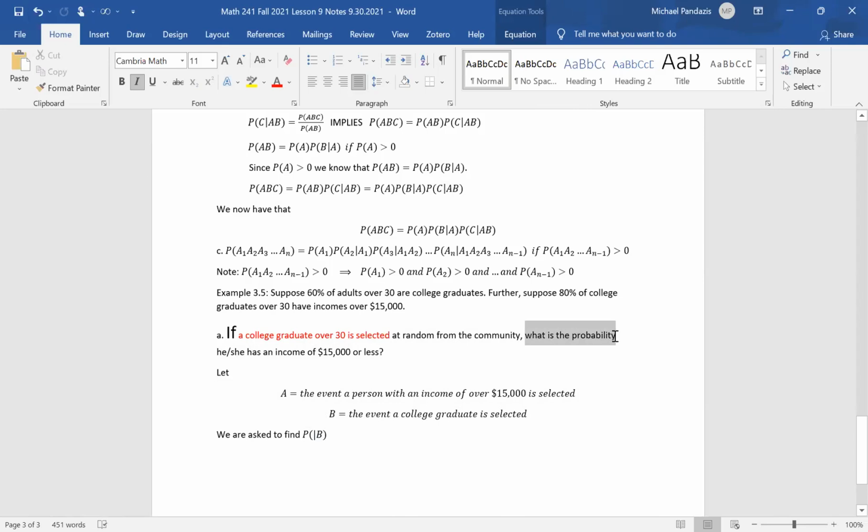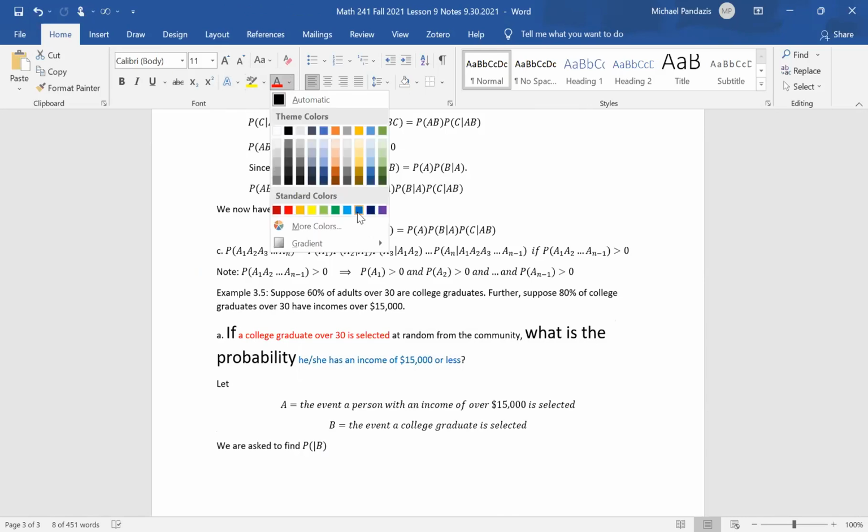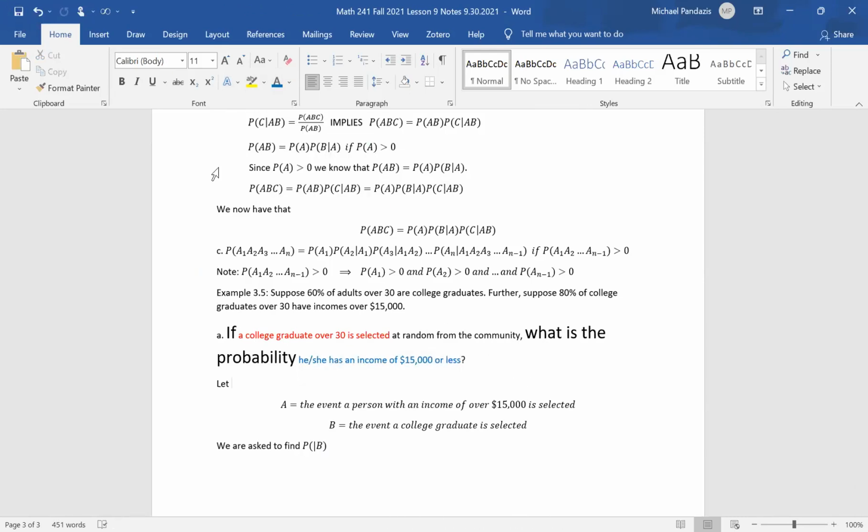And it's asking what is the probability he or she has an income of $15,000 or less. Those are the next keywords in the problem. That's the probability I should find: the event that the person selected has an income of $15,000 or less.